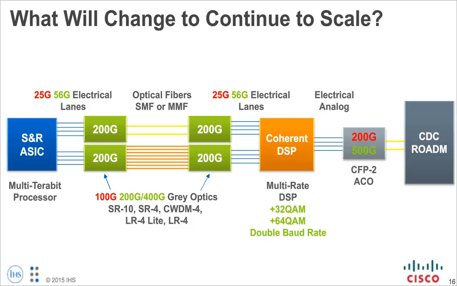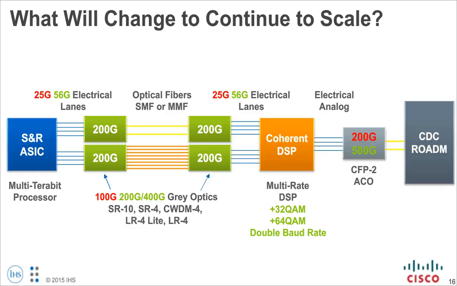At the same time, we'll see the coherent technology introduce some new modes which allow us to drive even faster speeds. So today there's lots of situations where even at the fastest DSP speed today at 250 gigabits, we still have more margin, more capability in the optics than we need.